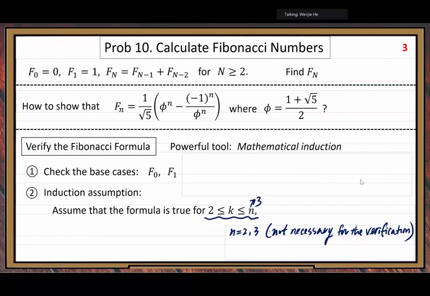But if you skip these two cases, then in the range for our induction assumption, we should change it to 0. We know this range is true for 0 and 1, which we already verified.